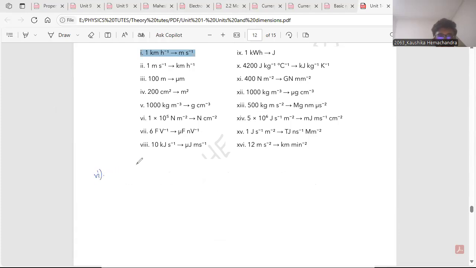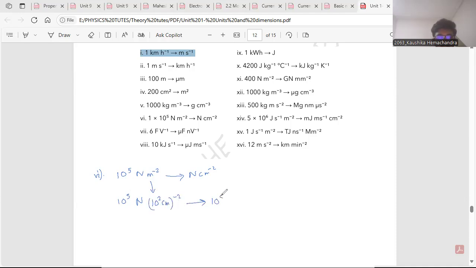Let's see. Sixth one. So 1 into 10 to the power 5 is same as 10 to the power 5. Newtons per square meter to newtons per centimeter square. So newtons, you don't need to change anything. You just need to change the meter. 1 meter is 10 to the power 2 centimeters, to the power minus 2.